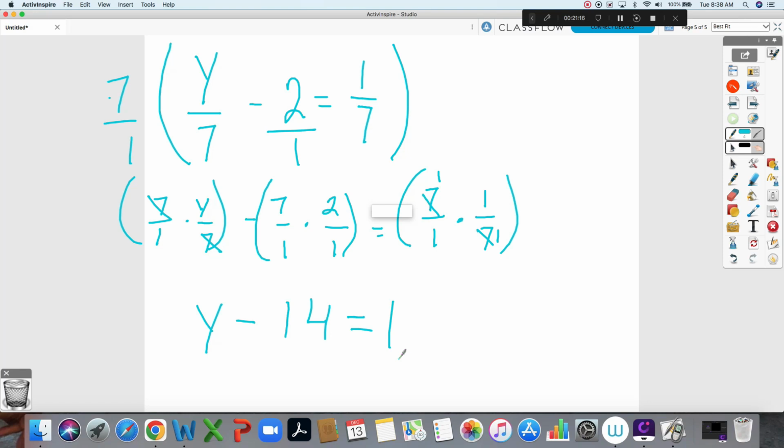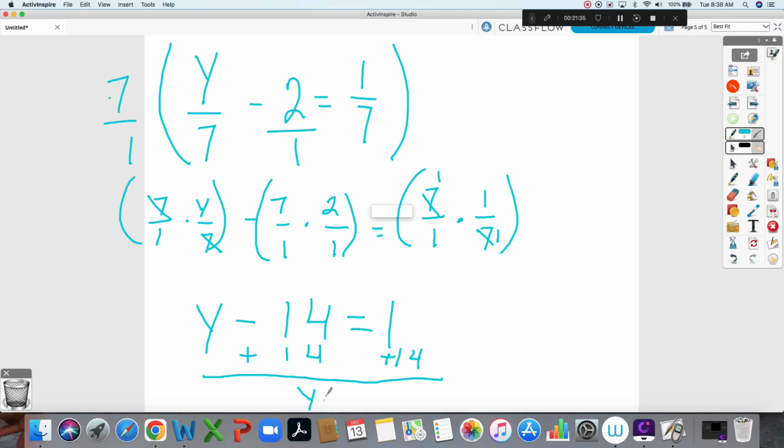Mikey? Add. What am I adding? 14. Right now the y has 14 being taken away from it, so I need to add 14 to both sides to get that y by itself.